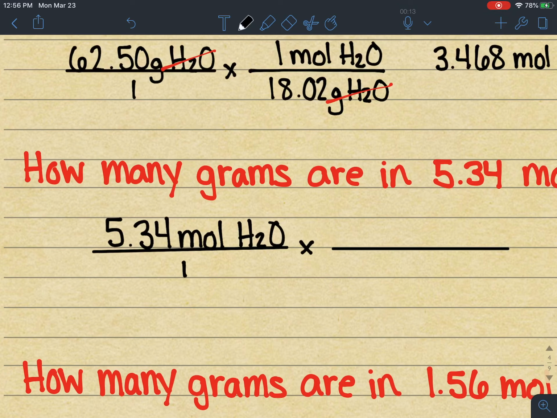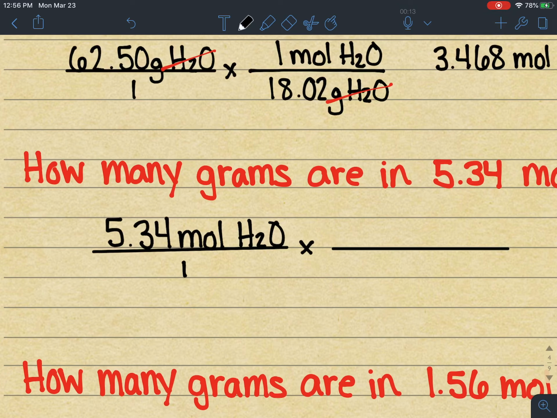So 1 mole has to go on the bottom to cancel out. The molar mass when calculated is 110.98 grams using that chart. And then my final answer can only have 3 sig figs, so my answer will be 173 grams of CaCl2.